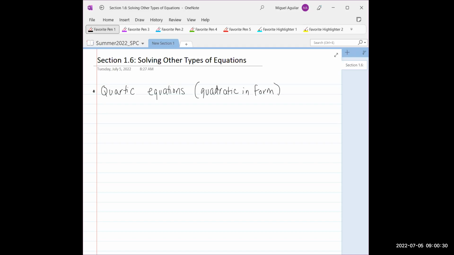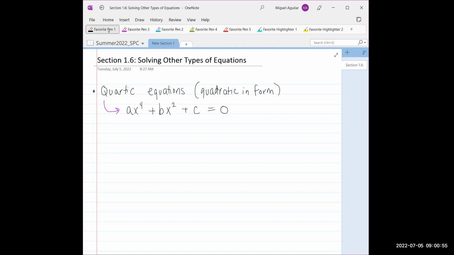What I mean by that is that you're going to have equations that look like this: ax to the 4th power plus bx to the 2nd power plus c equals 0, something like that. Now, this is the quartic equation because it's a degree 4 polynomial.